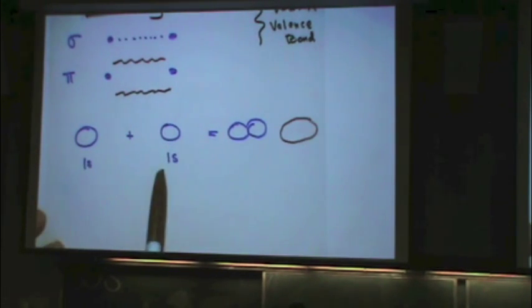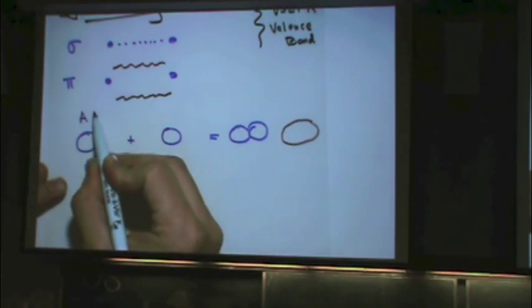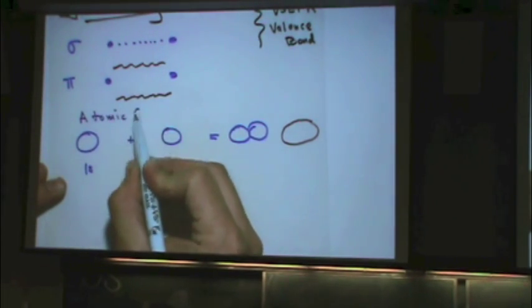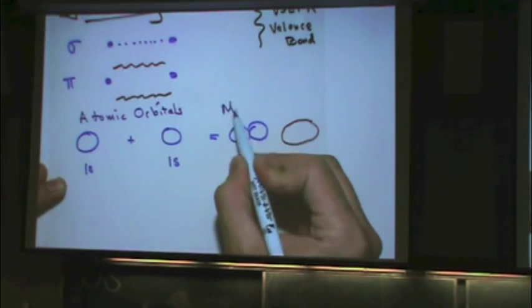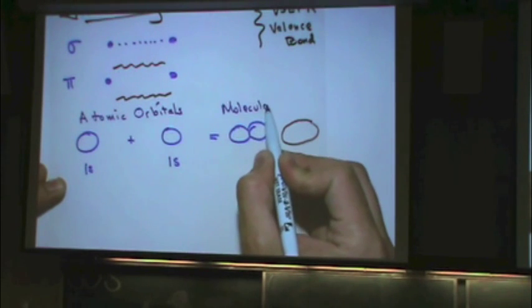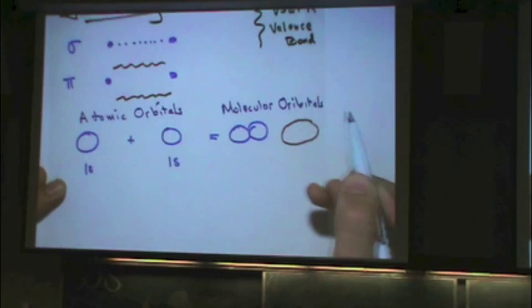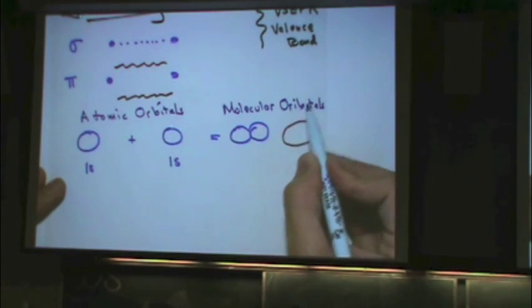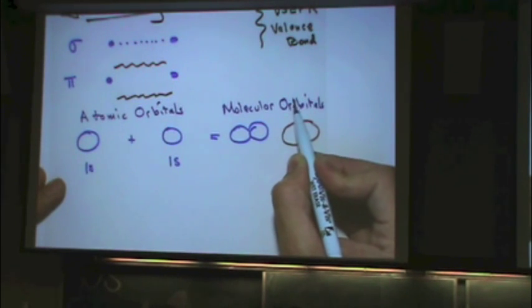And that would be two s orbitals now making a molecular orbital. So these are the atomic orbitals here. Then on the right-hand side, I'm going to be drawing the molecular orbitals.